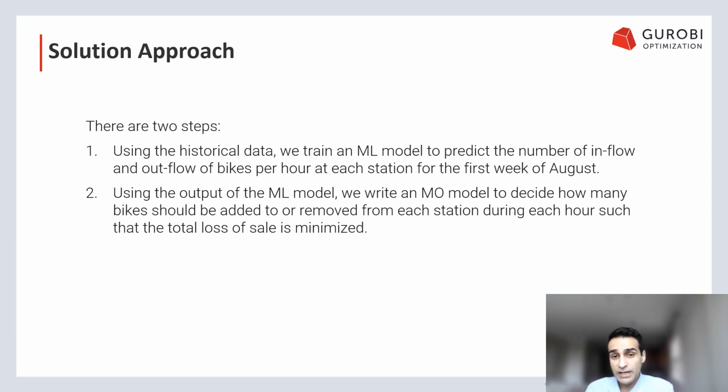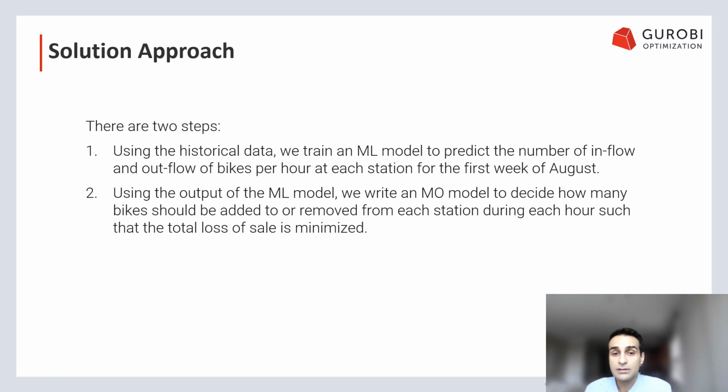The solution approach that we have is comprised of two steps. In step one, where we need to predict the demand, we are going to train an ML model where we want to predict the number of inflow of bikes to a station and outflow of bikes from a station. So we want to know how many bikes start their journey from a station and how many bikes end their journey in a station.